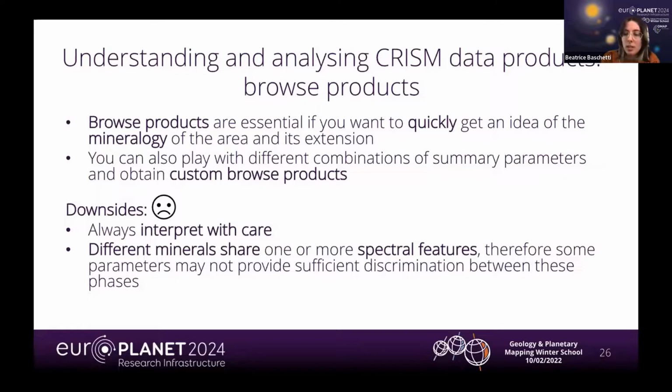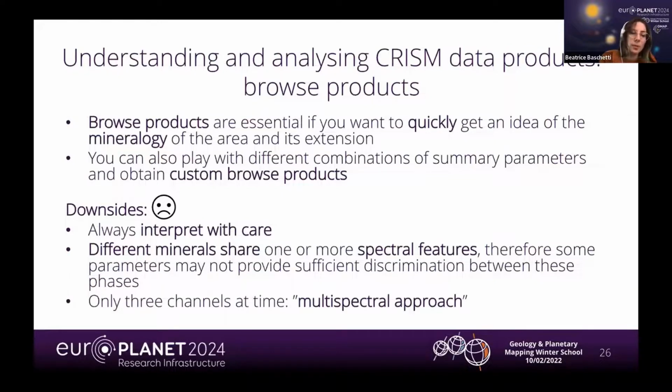We have seen that the index for olivine can also be positive in the case of phyllosilicates rich in iron. So you cannot distinguish based on only that map if we have olivine or phyllosilicates rich in iron.